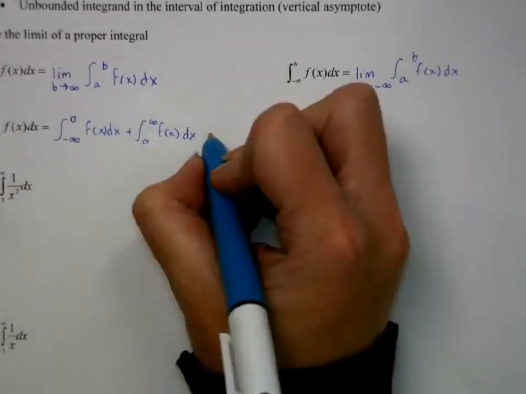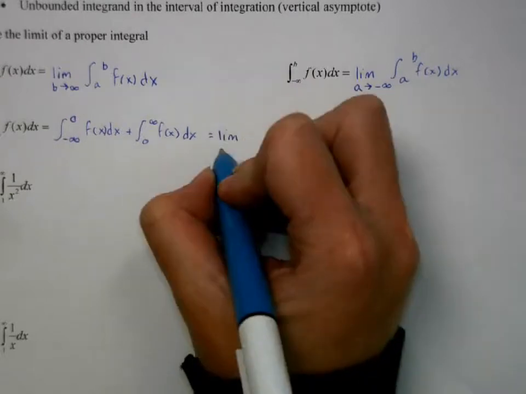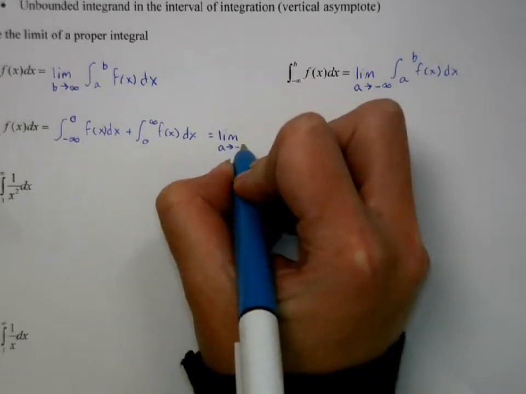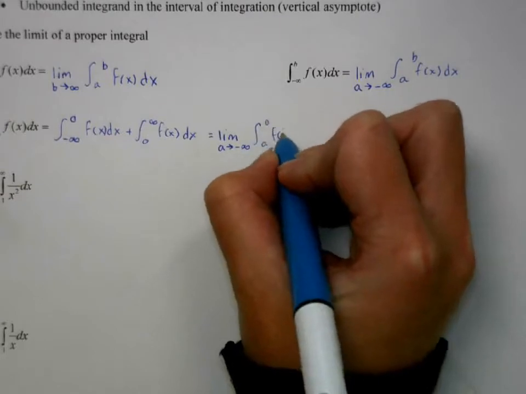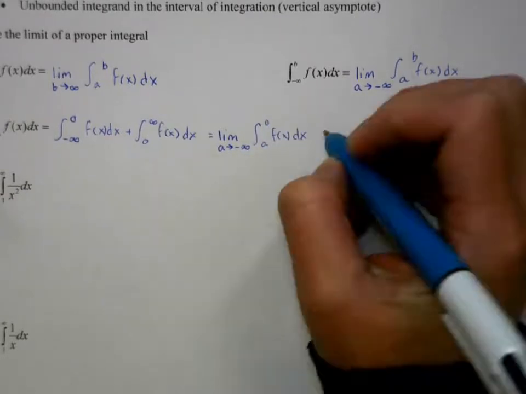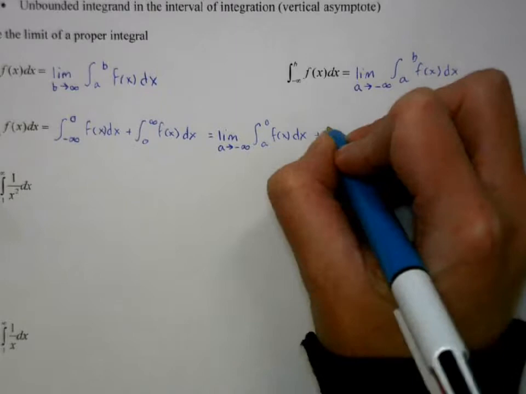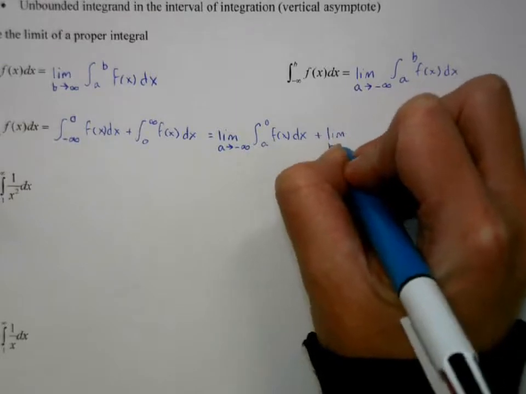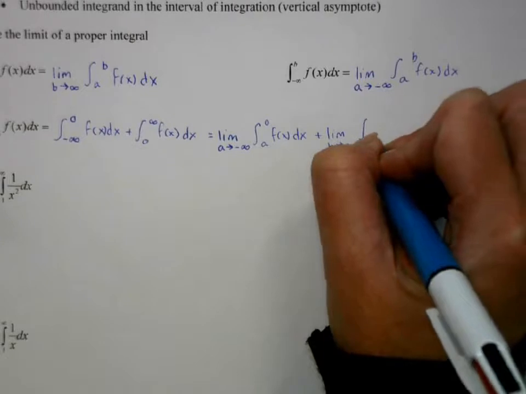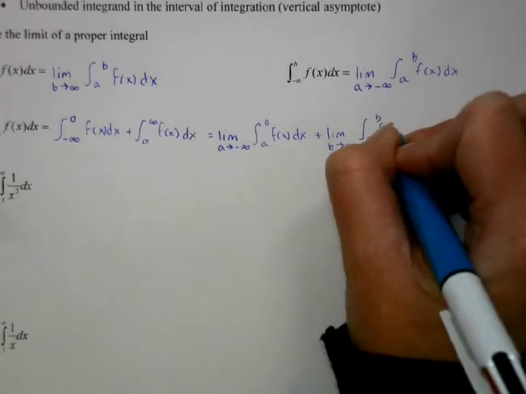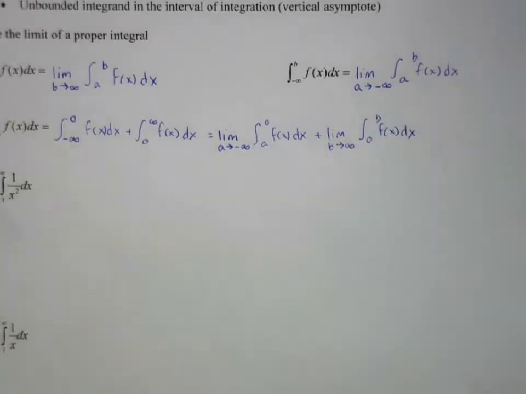This would be equivalent to the limit as a goes to negative infinity of the integral from a to 0, plus the limit as b goes to positive infinity of the integral from 0 to b. So let's look at what one of these looks like.